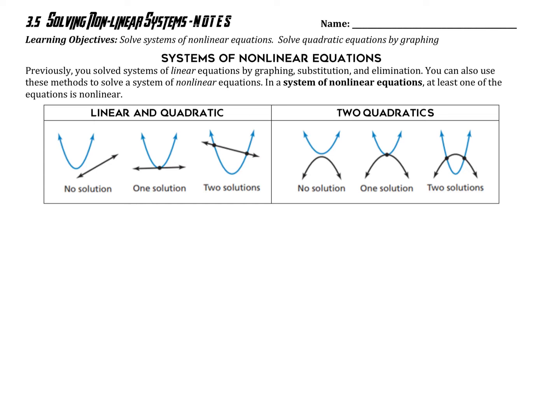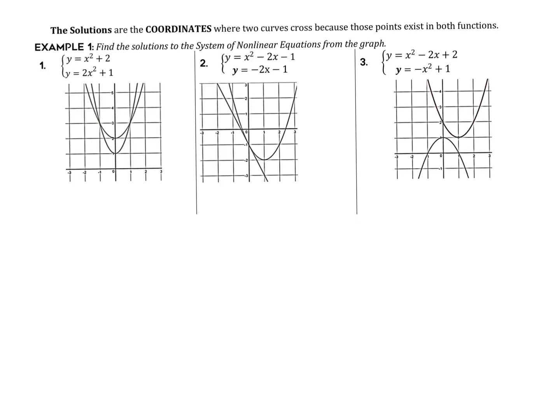So let's start by looking at graphs. The solutions to a linear or nonlinear system are the points where our two functions are crossing, the points that exist in both functions. That's what makes them solutions. So if we're given a graph, all we have to do is identify the coordinates where they are crossing, and then we can state what our solutions are.